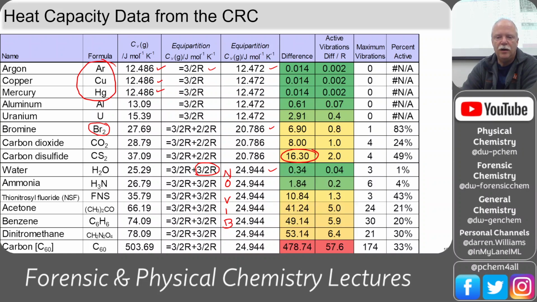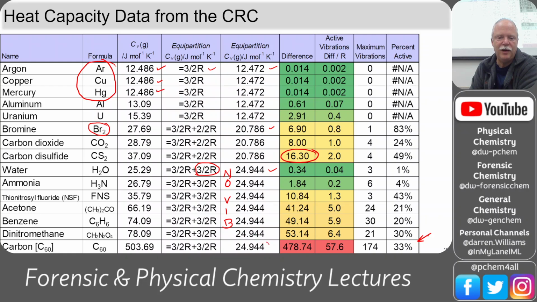Now let's look at water. So around 1% of water's vibration is active, because it's 25.29, not 24.9. But look down here at C60, 33% of its vibrations are active.